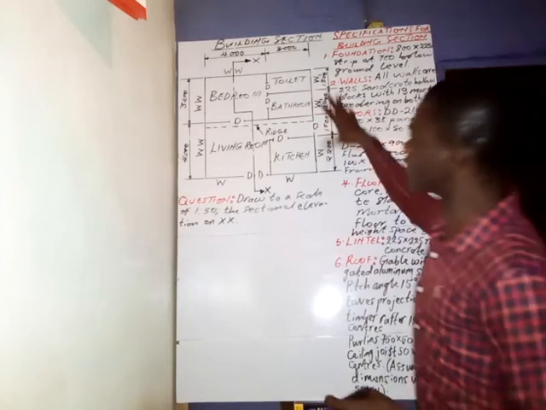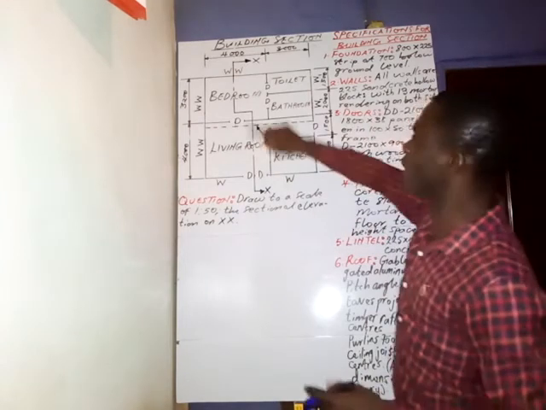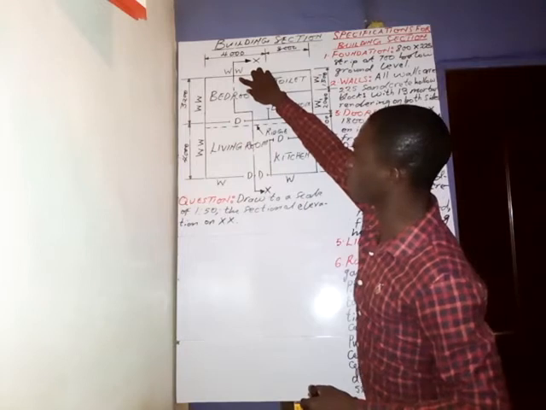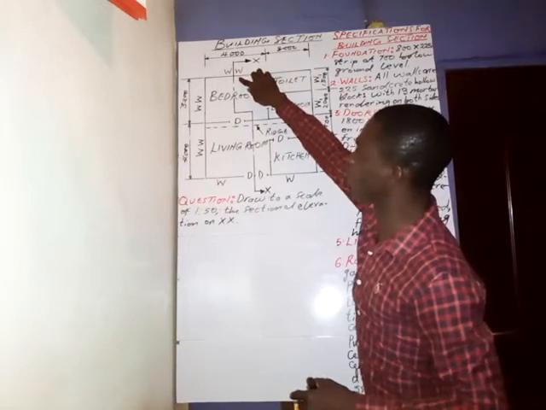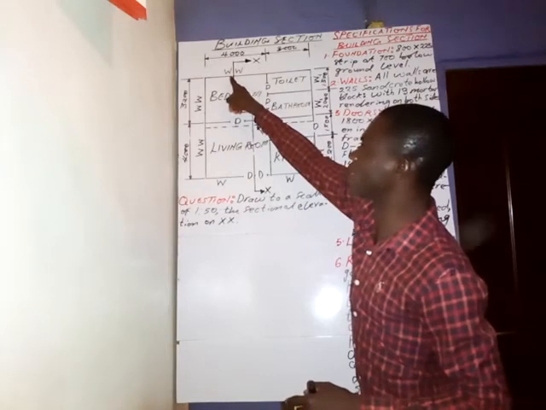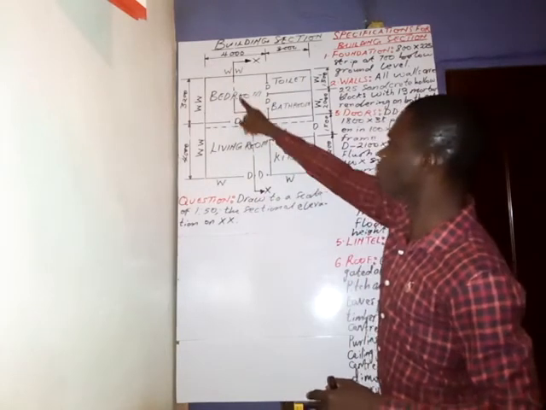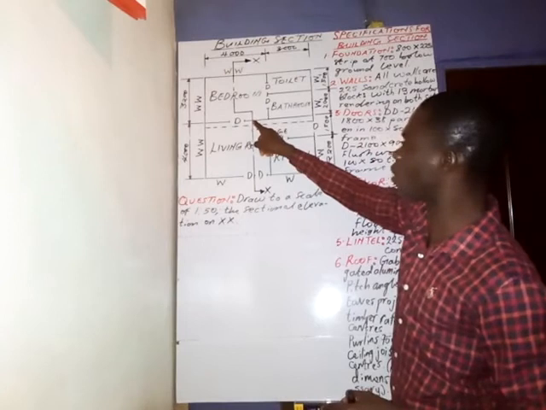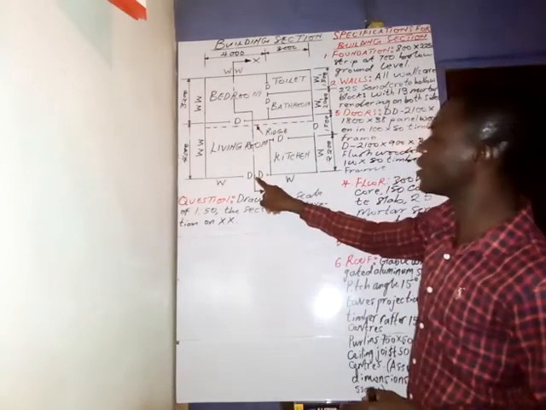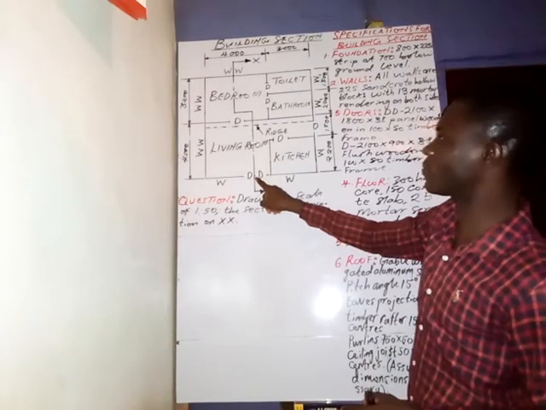If you look at this building plan, the cutting plane cuts this wall, and not only the wall here, it cuts the window, as you can see it here. And coming down here, it cuts this wall, and coming down here, it cuts this door.